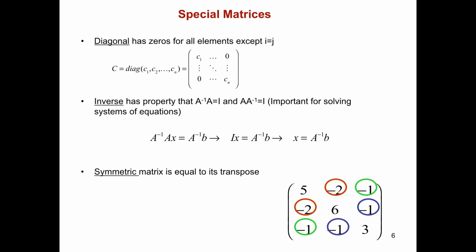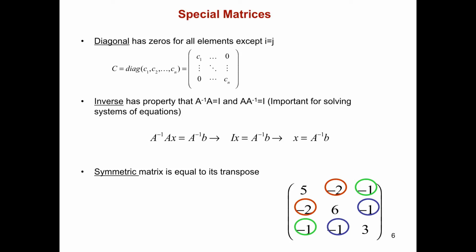Most often, however, I don't have an inverse, and actually finding an inverse is a problem that we can formulate as a system of linear equations as well. Symmetric matrix. Symmetricity is important for actually knowing that I have a solution and knowing that my numerical method will converge to a solution.